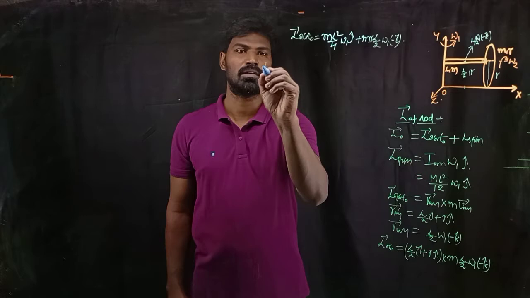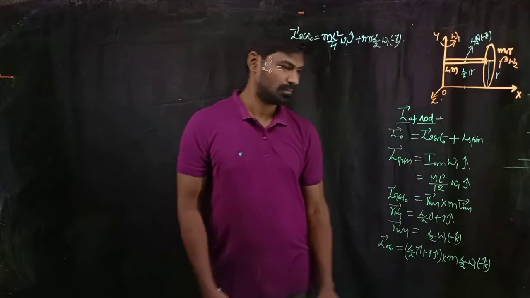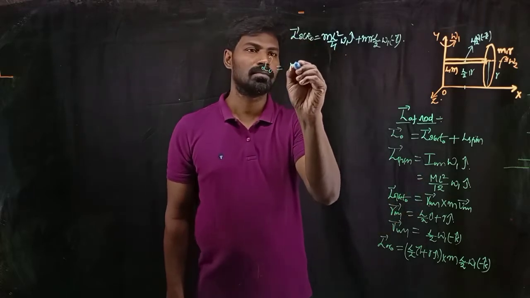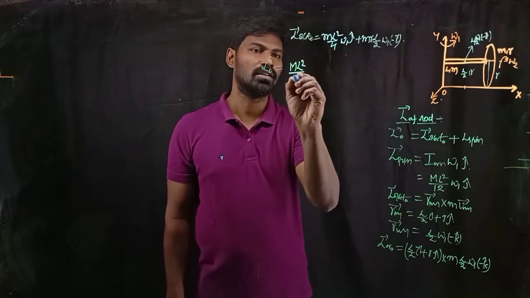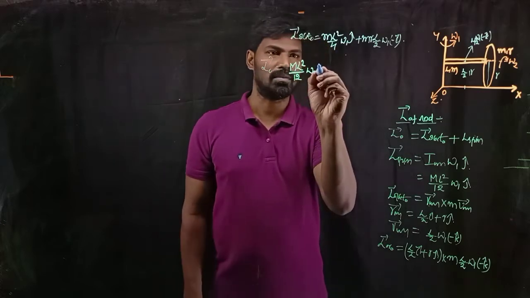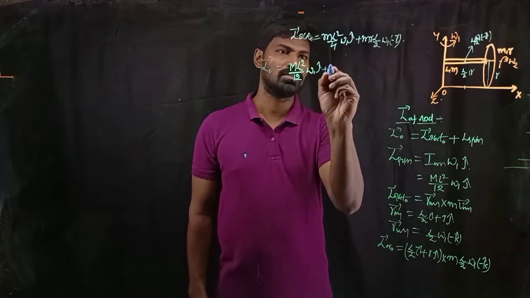Therefore, total angular momentum of the rod about O is given by spin plus orbit. Spin is how much? M L square divided by 12 omega 1, which is along j cap direction. Plus orbital, how much?